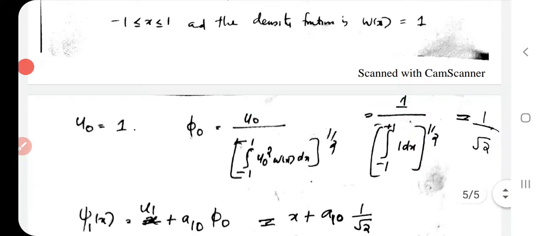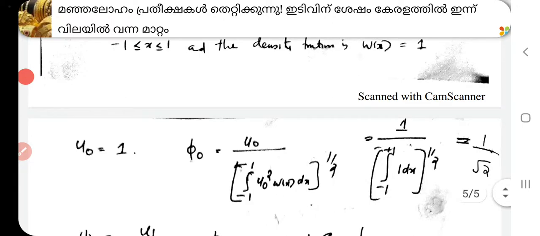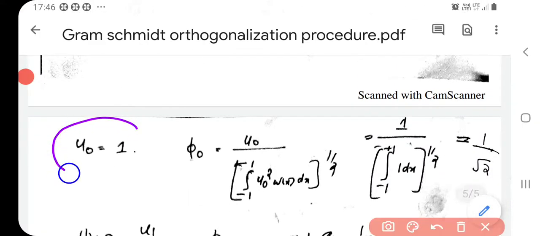Then we know u0, the first step, x to the power 0, that is equal to 1. So phi 0 is u0 divided by the integral from minus 1 to plus 1 of u0 square w dx, to the power half, which is 1 over the integral of dx from minus 1 to 1. This is 1 by root 2.